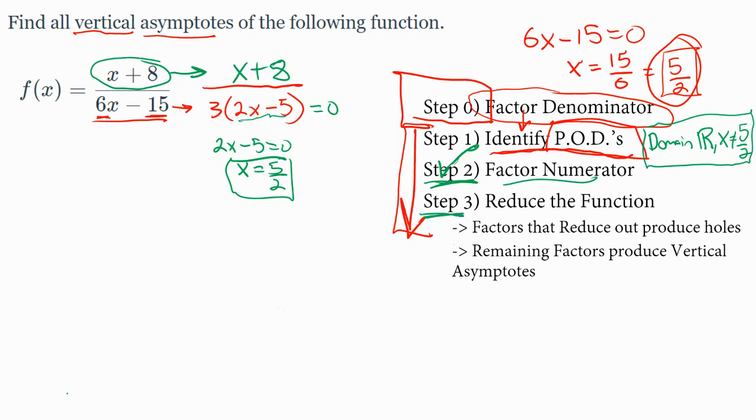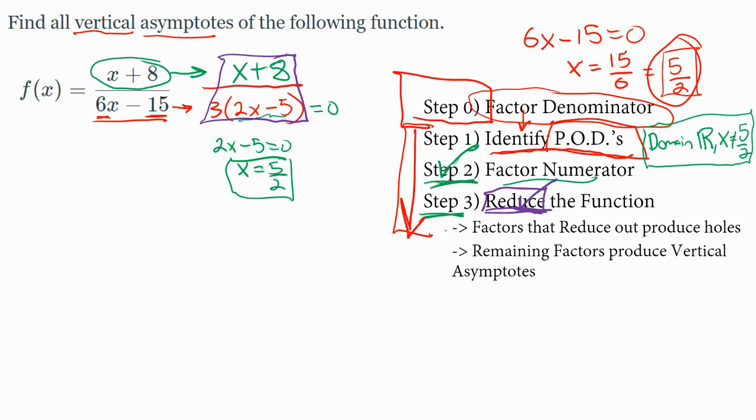Step 3 is a sort step, where you're just sorting after reducing the function if possible. This particular function, as it stands, is fully reduced. There's nothing to vertically cancel. And don't get excited that there's an x on top and bottom. You cannot cancel those. It has to be a whole binomial or a whole GCF out in front that can be canceled. Nothing can be canceled here. And so this is reduced. So check that part off.